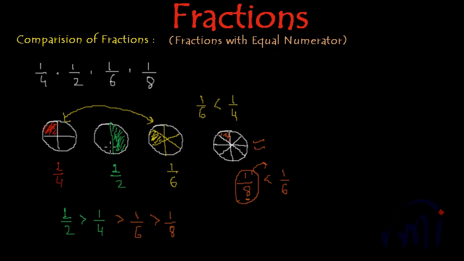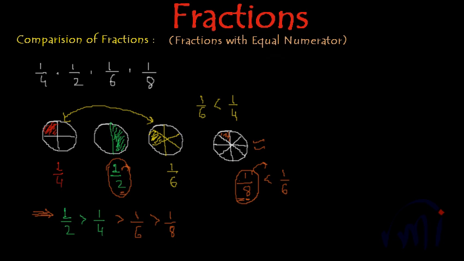And when we talk about 1 by 2, the circle is divided into 2 parts, and then this one portion will be much bigger than the one portion when the circle is divided into 8 parts, right? So when we have the same number as numerator, like here where all the numerators are 1, we compare their denominators, and if we arrange the denominators in ascending order, the fractions get arranged in descending order.